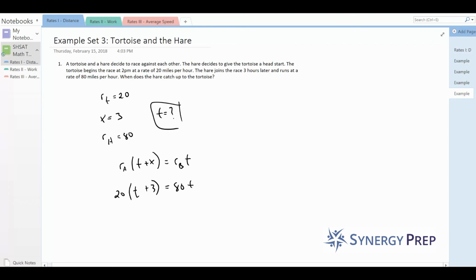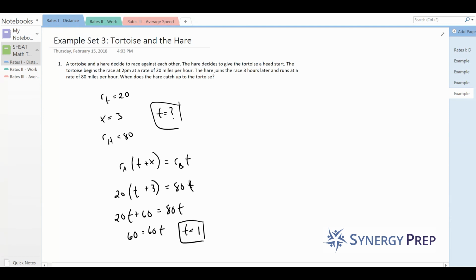If you plug in and distribute, 20t plus 60 is equal to 80t. Subtract 20t from both sides, we get 60 is equal to 60t, and t is equal to 1. So it takes exactly 1 hour for the hare to catch up to the tortoise.